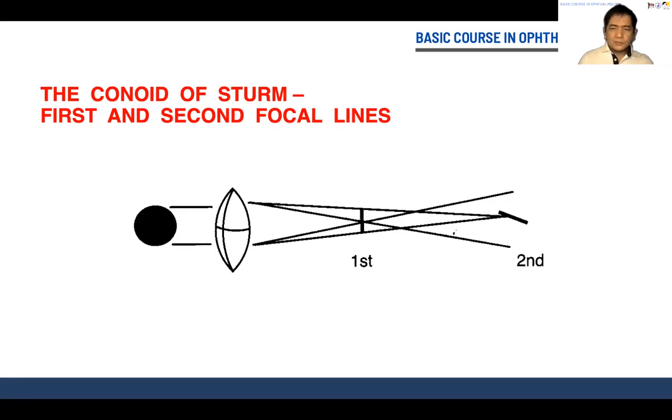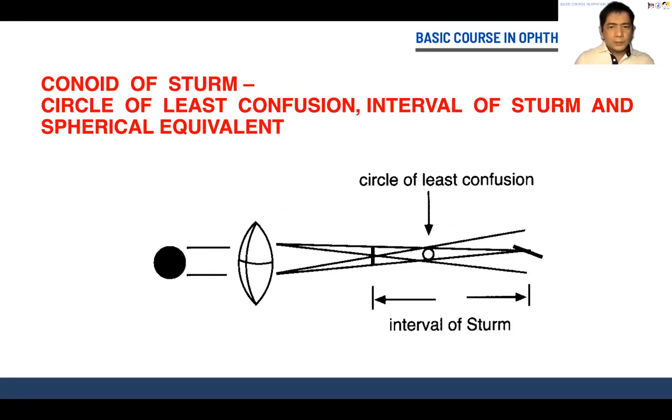All right, so that's the second focal line. Between the first and the second focal line is what we call the conoid of Sturm. In between the conoid of Sturm, or interval of Sturm, is the area with the circle of least confusion.